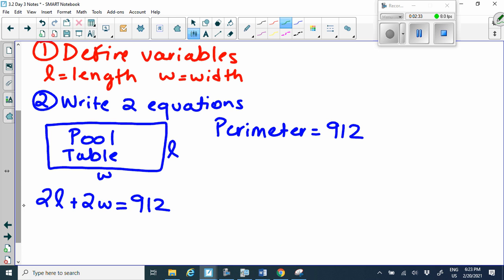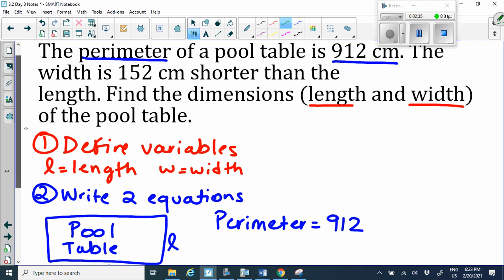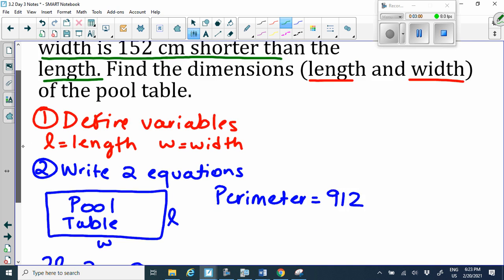Now we still have more important information. It says the width is 152 centimeters shorter than the length. So we're going to use that sentence and write it as an equation. Shorter means we want to subtract, right? It's going to be smaller. So we're going to use the words to help us write this equation. We start with W, because that's our width.